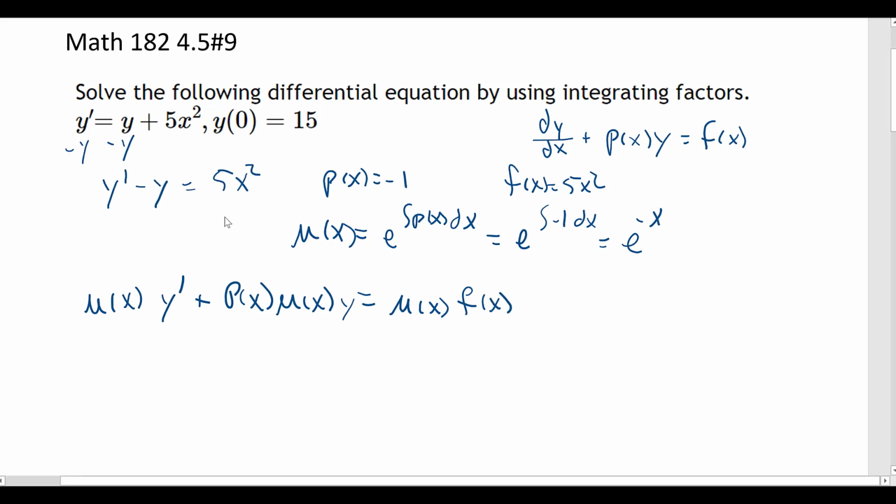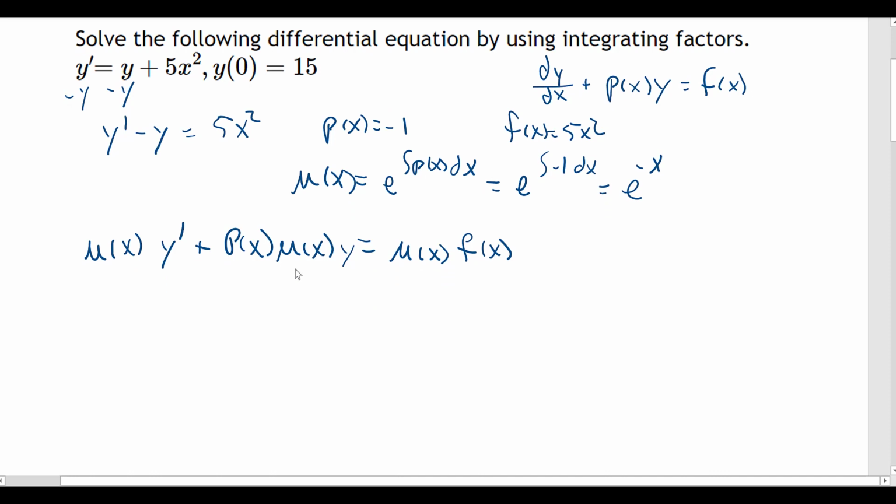And the nice thing here is then the left side will condense down to essentially a d/dx of this function that you'll see in just a moment come out, that we can easily integrate that part.